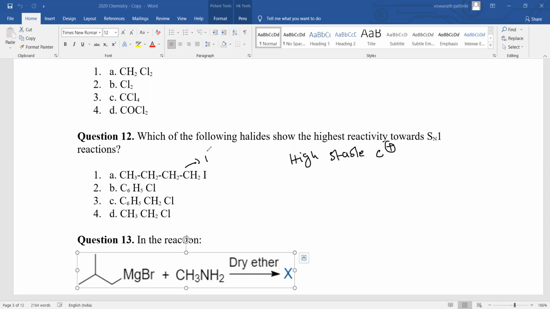This gives a primary carbocation, and this gives a benzyl carbocation. This is phenyl carbocation, which is unstable, and this is benzyl carbocation, which is the more stable one. So the SN1 reaction easily undergoes with C6H5CH2Cl.